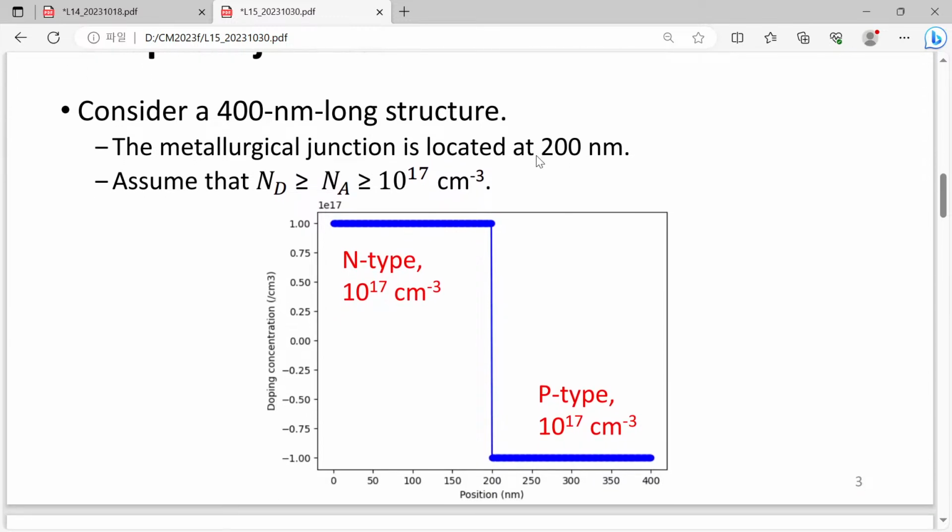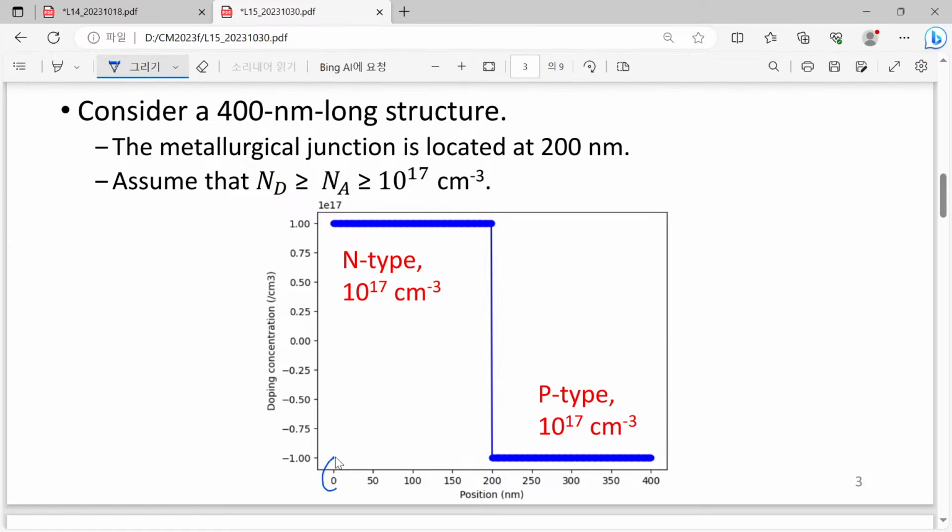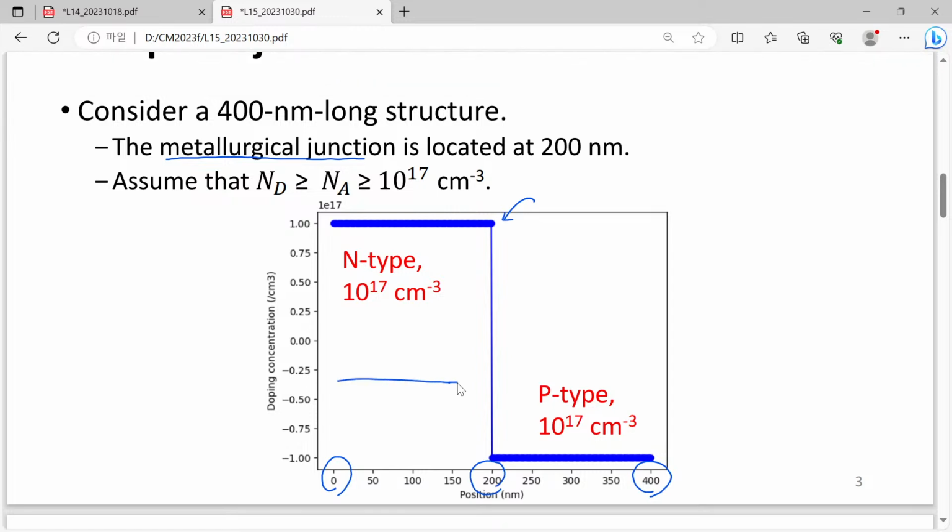So now consider, for example, a 400 nanometer long structure starting from 0. It ends at 400 nanometer, and we assume that the metallurgical junction is located at the midpoint, so 200 nanometer. And here we have an N-type layer, and here we have a P-type layer.